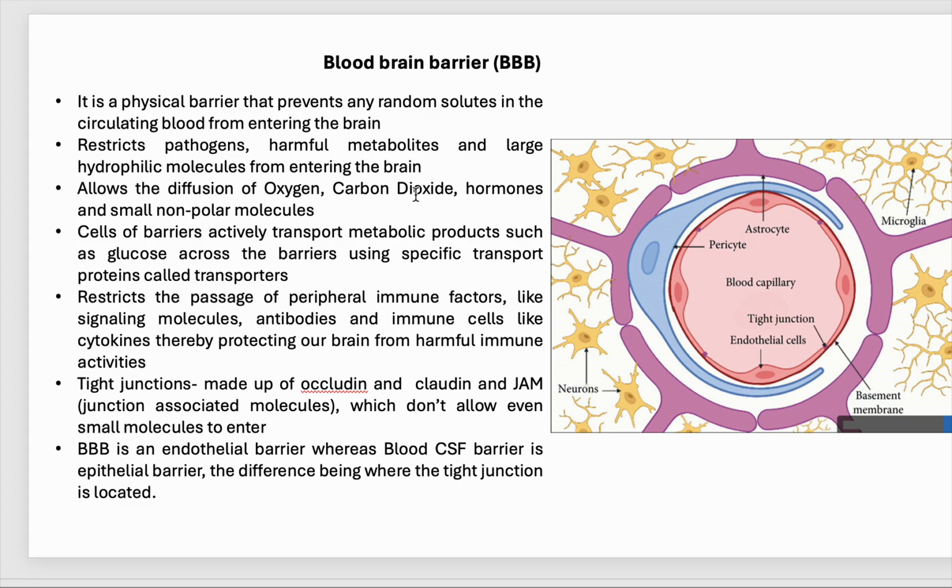And it restricts passage of peripheral immune factors like signaling molecules, antibodies, and immune cells like cytokines. And it protects our brain from harmful immune activities. So it's very important because brain is very sensitive, and we don't want any kind of things to pass easily to our brain.